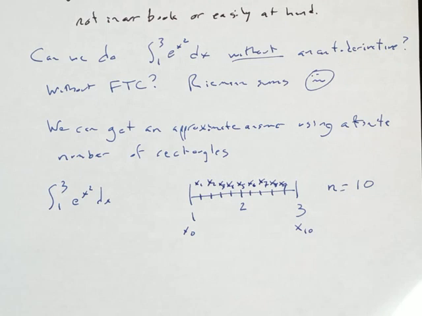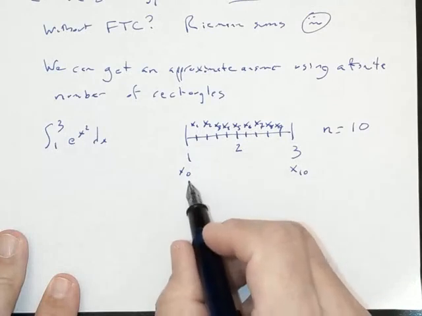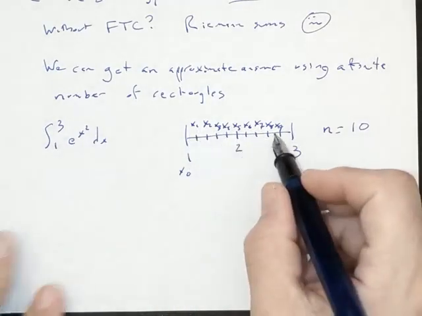Now we have to make a decision. If I do the left edge of each of these, then I'm really going to use x0, x1, x2, x3, x4 through x9.